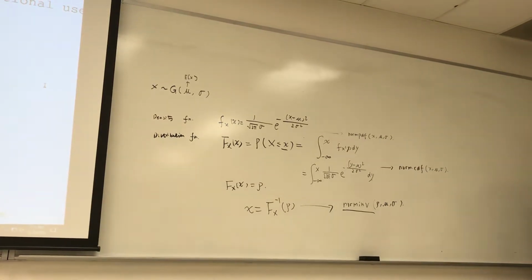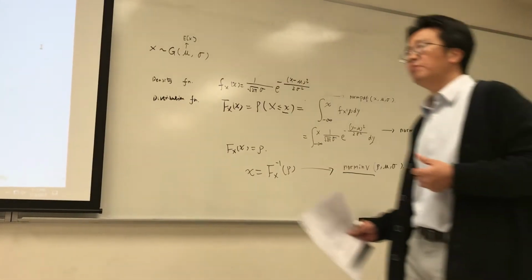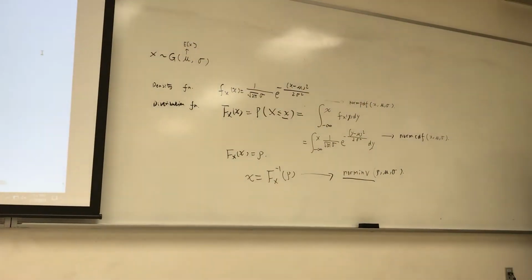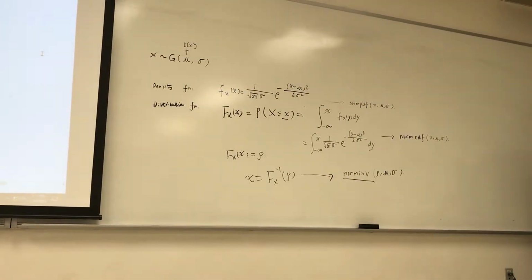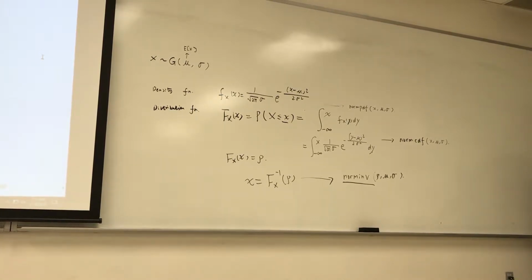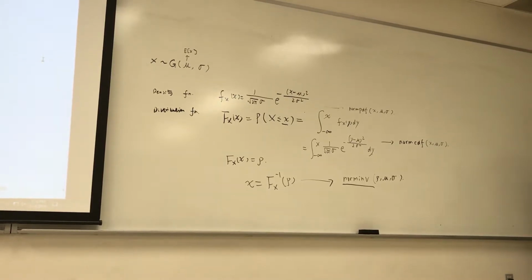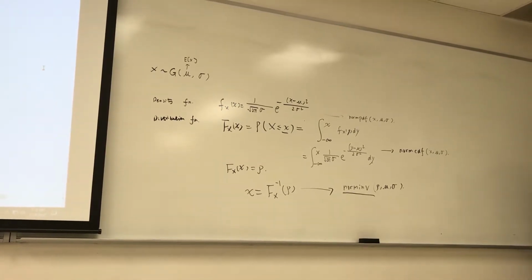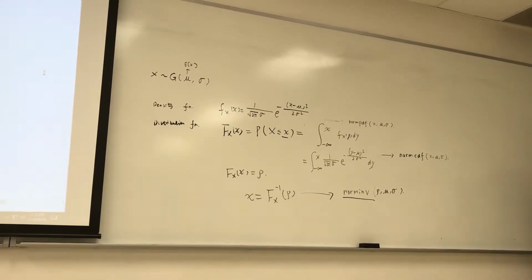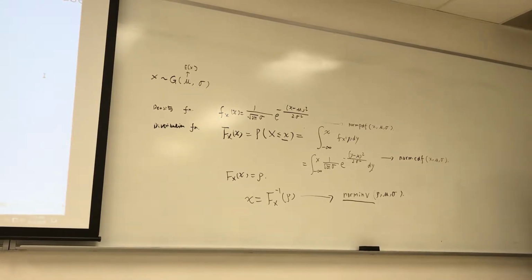I mentioned the reason for the Gaussian distribution is a very famous theorem called the central limit theorem. Okay, so basically, the central limit theorem says if we have multiple random variables that follow an identical distribution independently, it doesn't matter what kind of distribution they follow.